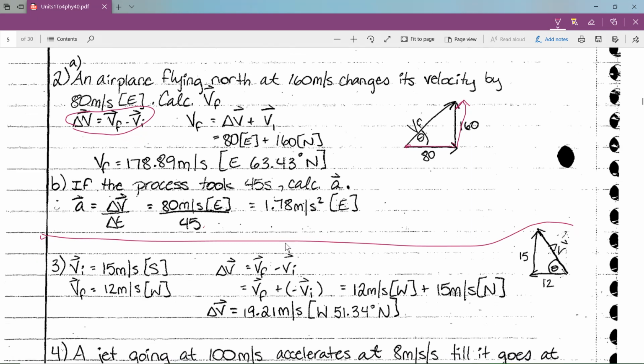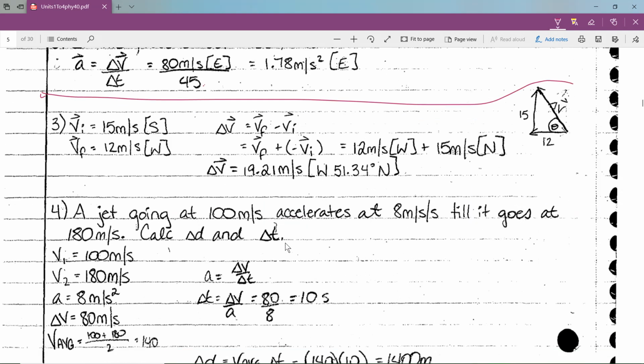Let's continue on here. Let's say some vehicle was going 50 meters per second south, and then later on it was going 12 meters per second west, so it turned from south to west. We want to get the change in velocity. So the change in velocity is v final minus v initial, which is the same as v final plus negative v initial.